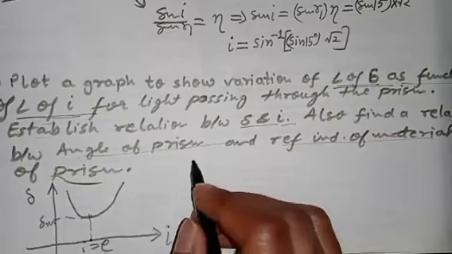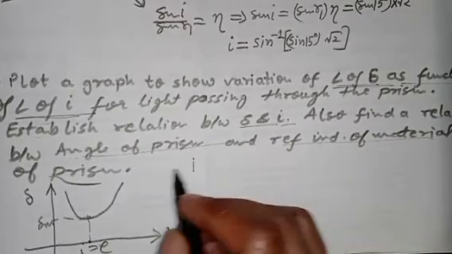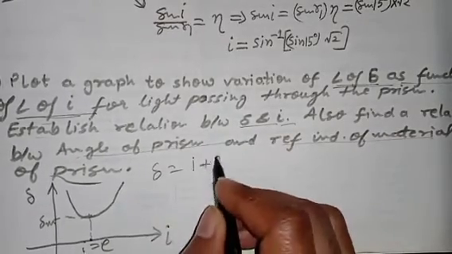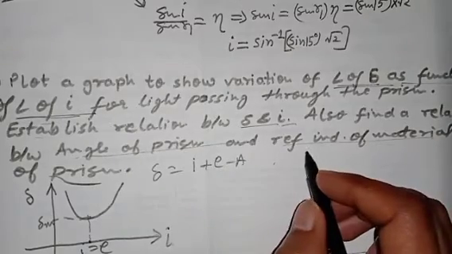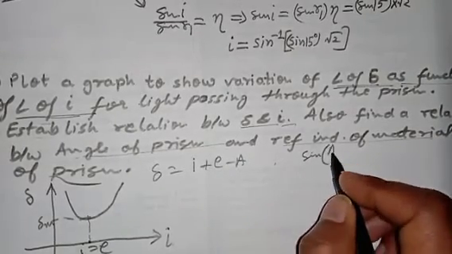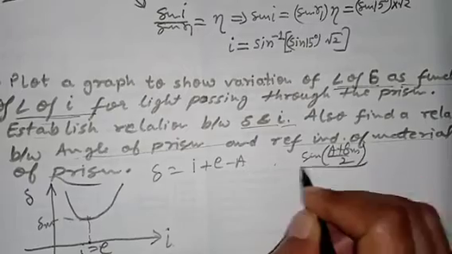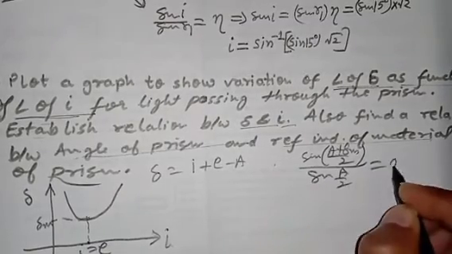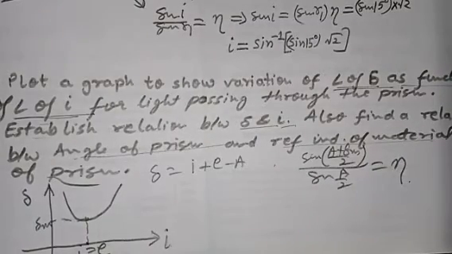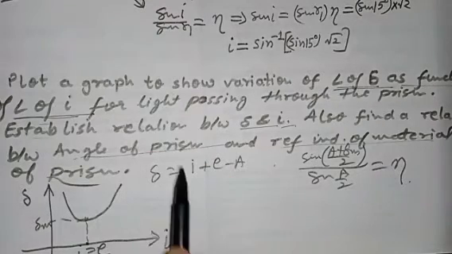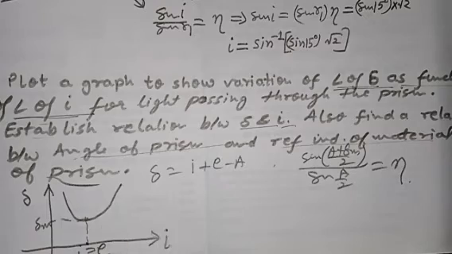So they are asking to derive this relation, delta equal to I plus E minus A, and this relation, sine of (A plus delta m) by 2 upon sine A by 2 equal to refractive index. Once again, I would advise you to go through my videos in which this prism is explained in detail.